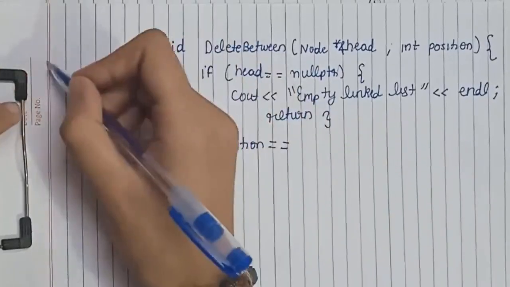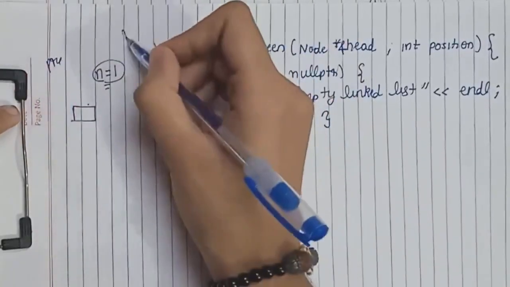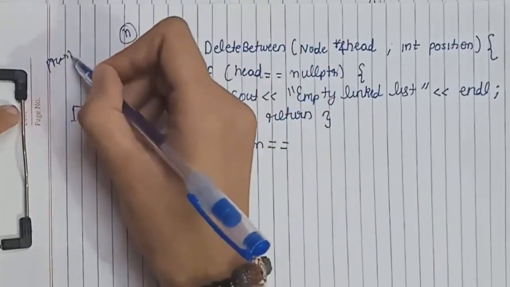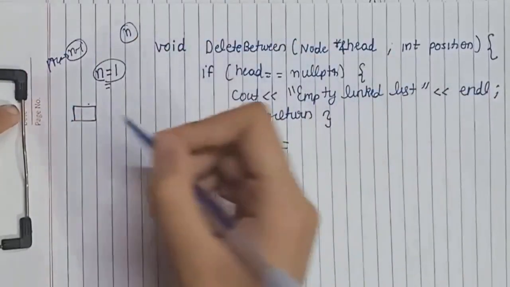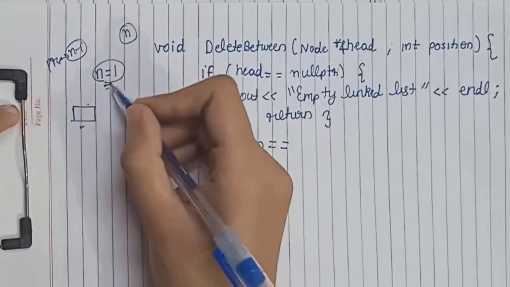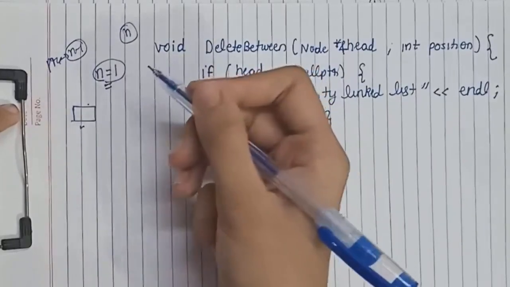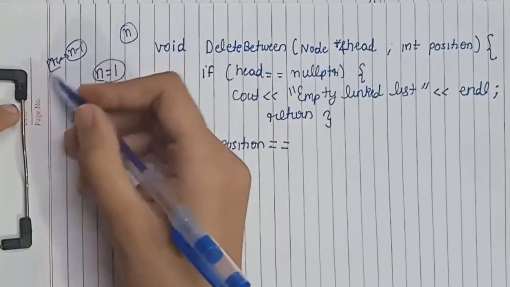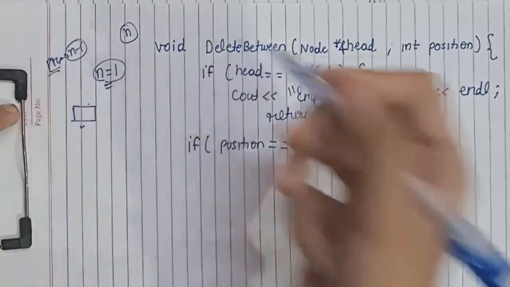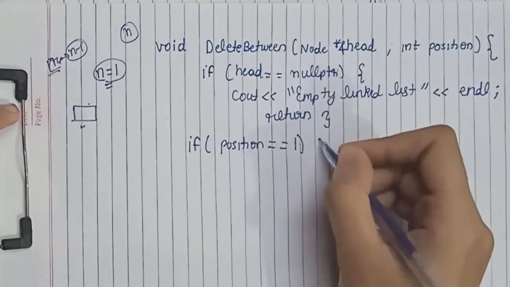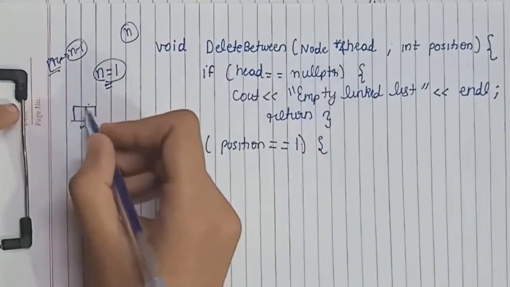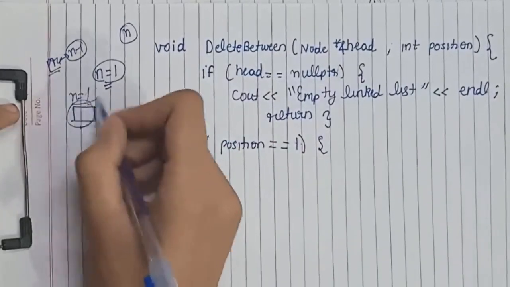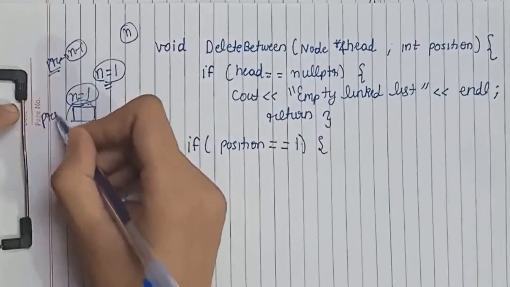As we have seen, if we want to delete the nth node, then previous was pointing to the n minus 1th node. But here if the user passes index 1, that we want to delete the node at the first position, then we can't use the concept of previous, because there is no node before this n equal to the first node.